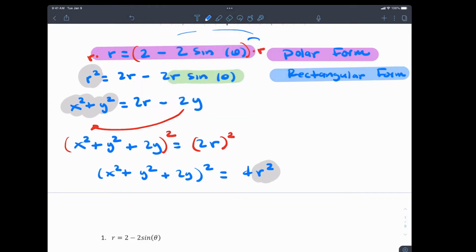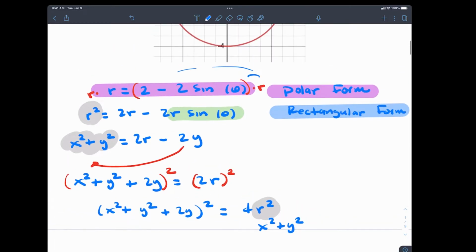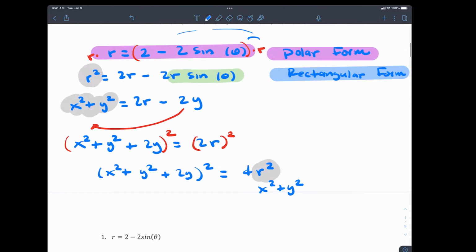That, again, is what? x squared plus y squared. So what I'm saying here to you guys is this. x squared plus y squared plus 2y, everything squared, is 4 times x squared plus y squared. Okay?